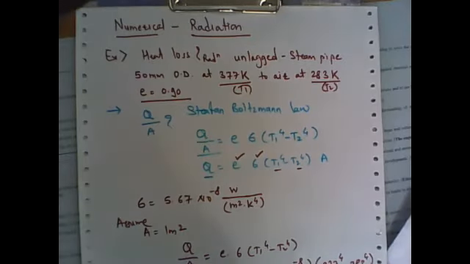So we can calculate this value. It comes around 704 watt per meter square.